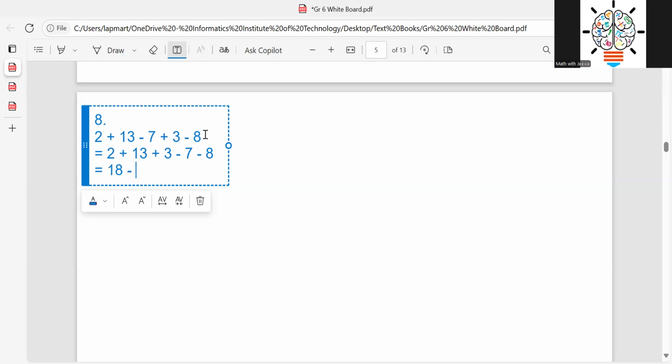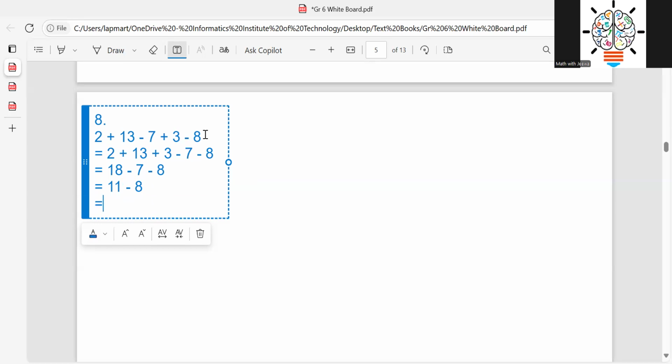You write 18. From 18, you deduct 7 and you deduct 8. Okay, so 18 minus 7, it is 11. 11 minus 8, it is 3.